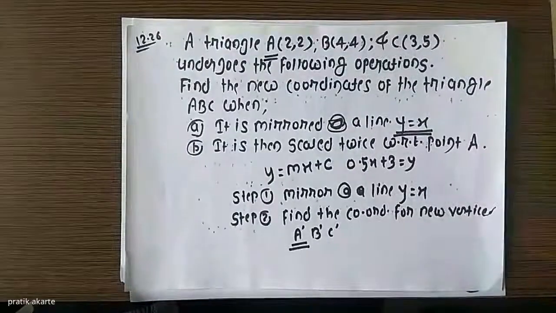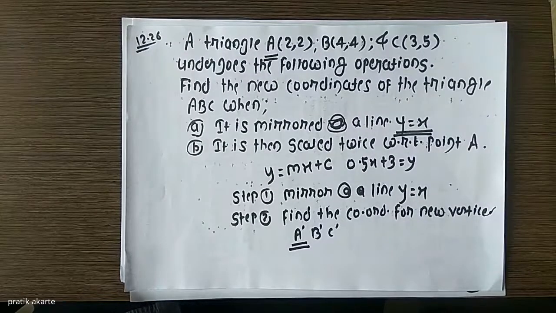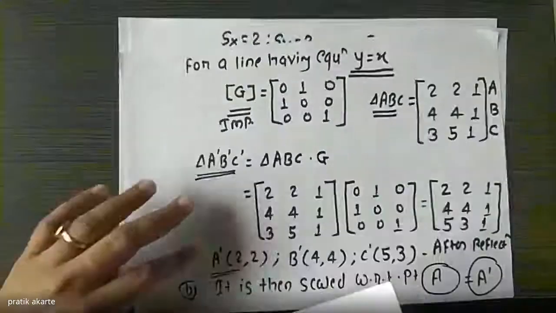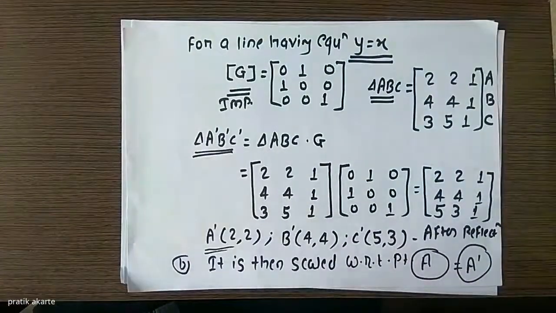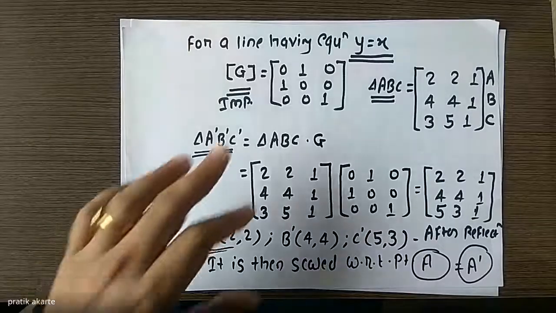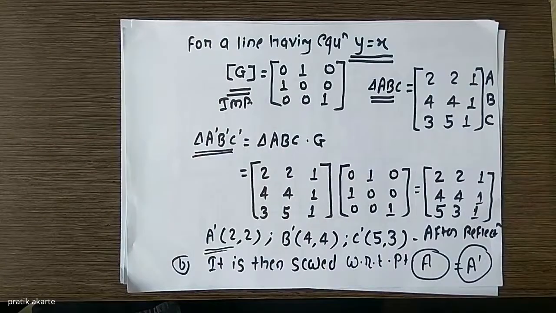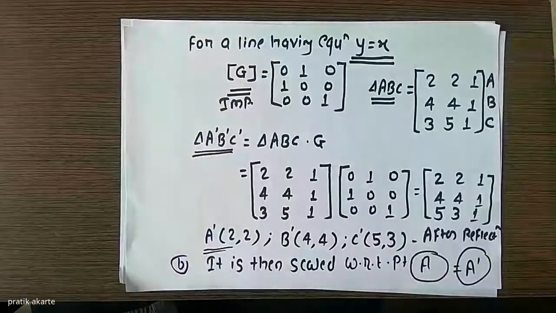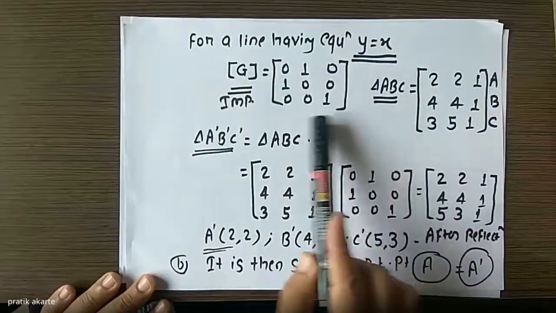It has to mirror about a line y is equal to x, and then we have to scale it twice with respect to point A, the new point that we are getting after mirroring it about the line y is equal to x. So first we wrote the equation of the line y is equal to x, and for that we have written the transformation matrix. This is important: 0, 1, 0, 1, 0, 0, and 0, 0, 1.